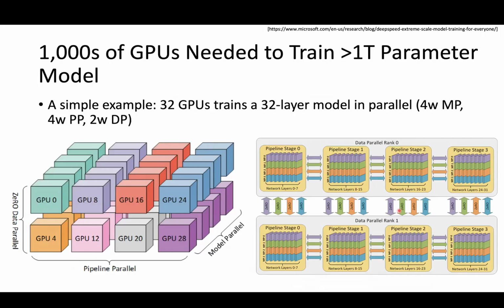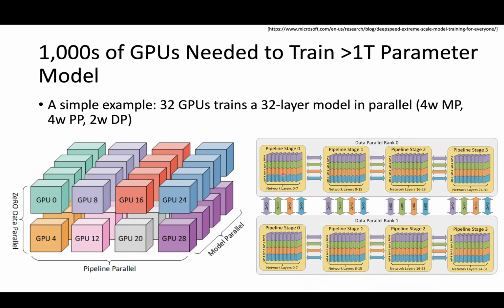So here you see how we divide the entire model across 64 GPUs in this example. So we have data parallelism based on ZeRO technology, as you know, and then on each data parallel lane, we apply pipeline parallelism. Inside of each GPU node, actually, we apply model parallelism.